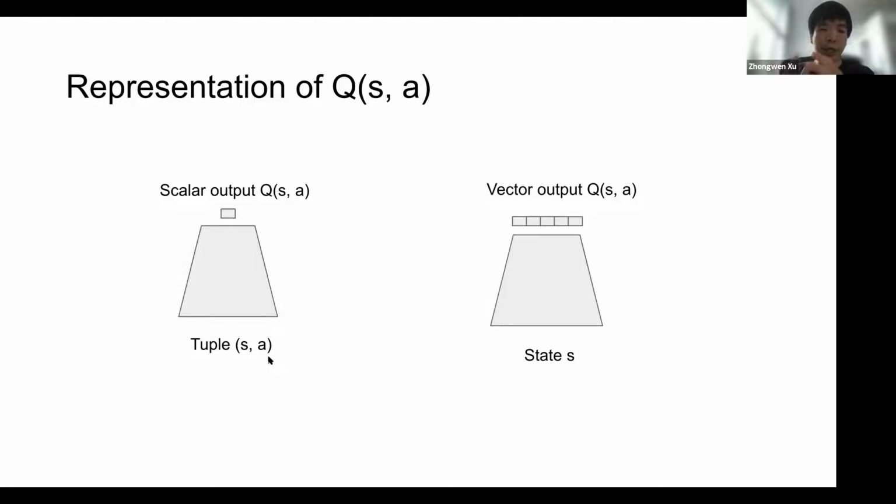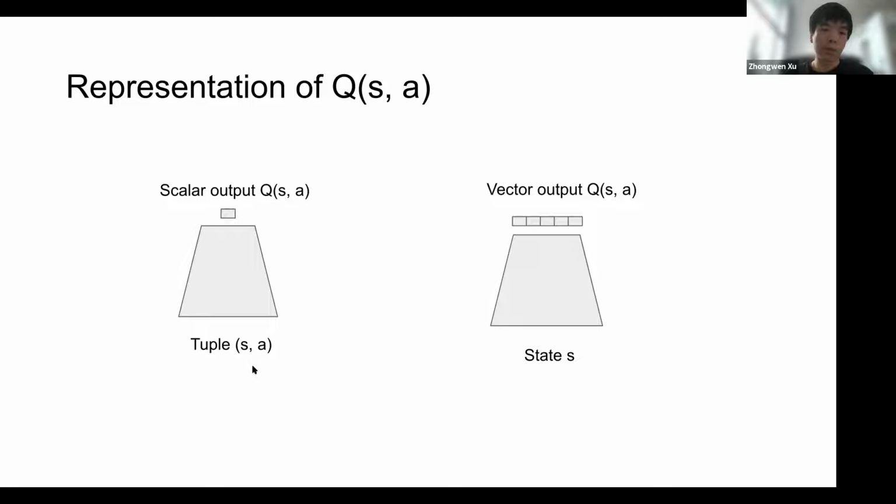The action can be represented as a one-hot vector, and the state is another vector, or a 2D or 3D tensor. They can be fed into the neural network, and then to obtain the Q value of S and A, we can just ask the neural network to produce a scalar output.